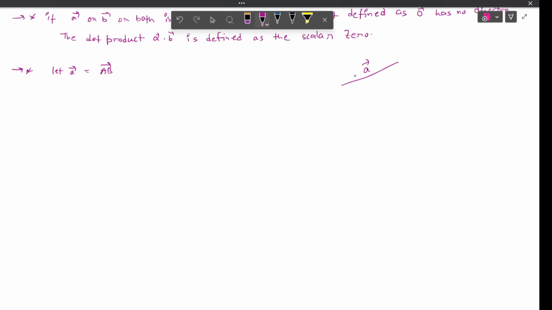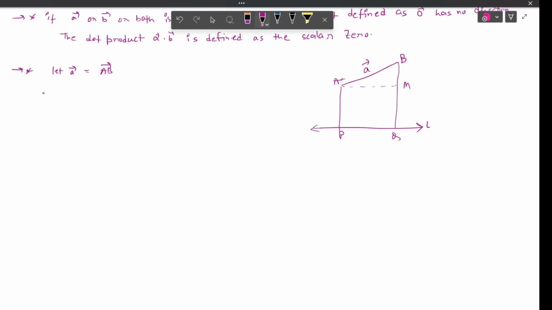This is your a vector, this is A, this is B, this is your M, let us say this is line L, this is P, this is Q. So let AB vector be a given vector and L be a given line, and let P and Q be the feet of perpendiculars drawn from A and B on the line L. Then PQ is defined as the projection of a vector on line L.